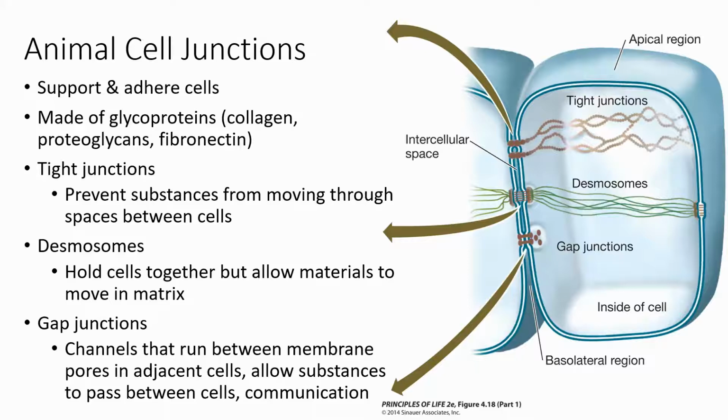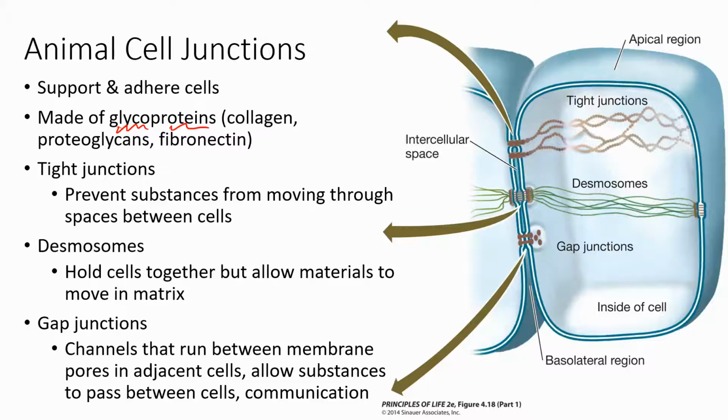Animal cell junctions are kind of different. They're glycoproteins, which, once again, sugary glycoproteins. So they're more of those Frankenstein molecules. They will help cells stick together, and they have different functions. Tight junctions, I kind of think of them like rows of staples holding things together, although you might think of them like really closely sewing things together.